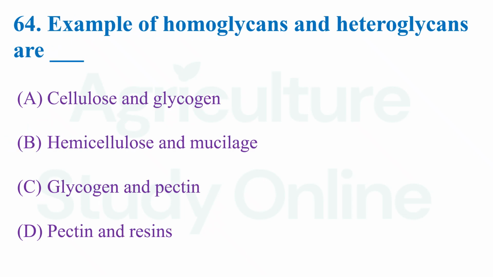Question 64. Example of homoglycans and heteroglycans are. So first one, cellulose and glycogen. So they both are the example of homoglycans. Means only one glucose unit is there. Hemicellulose and mucilage.